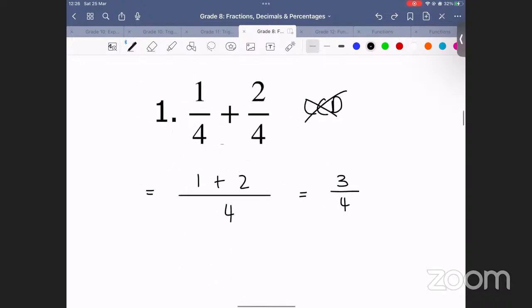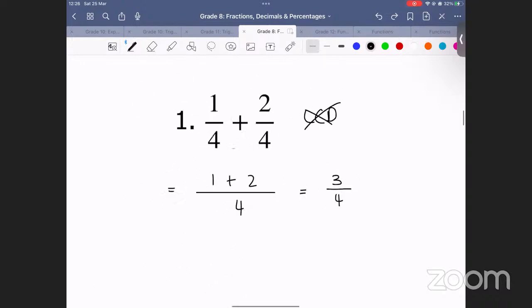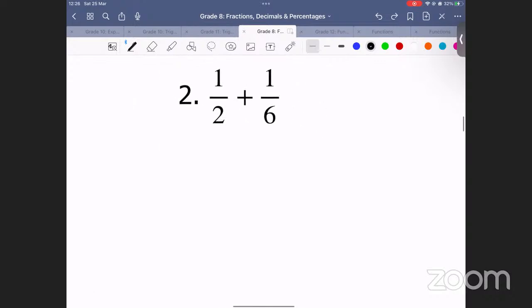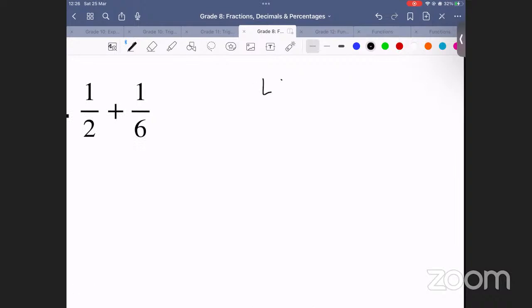Here, the LCD is already done because they already have a common denominator. Here they don't have a common denominator. The LCD needs to be established, and then we can simplify. So when we talk about LCD, this is lowest common denominator.